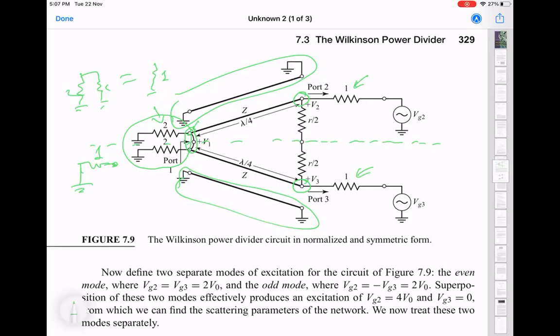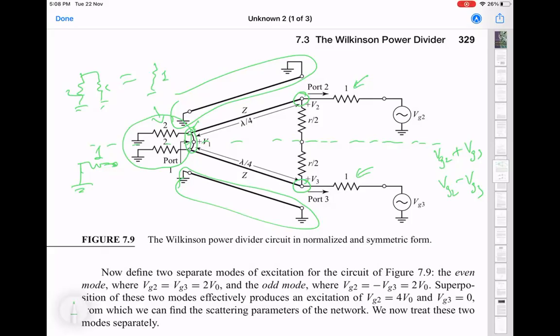And it's this symmetry which allows you to realize that if I now, instead of using a general value VG2 and VG3, instead use VG2 plus VG3 and VG2 minus VG3, which is basically equivalent to these two variables, you can create certain kinds of excitations where, because of the symmetry, you can simplify things.